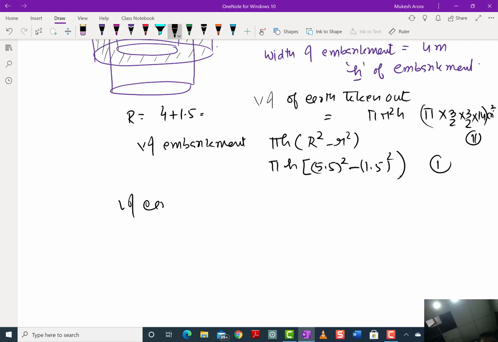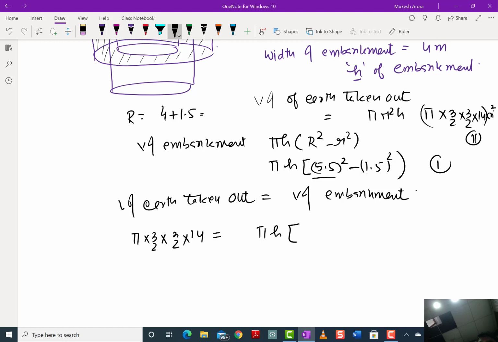Volume of earth taken out will be equal to volume of embankment, because the same earth is used in this. So pi into 3 by 2 into 3 by 2 into 14 is equal to pi into h into 7 into 4.